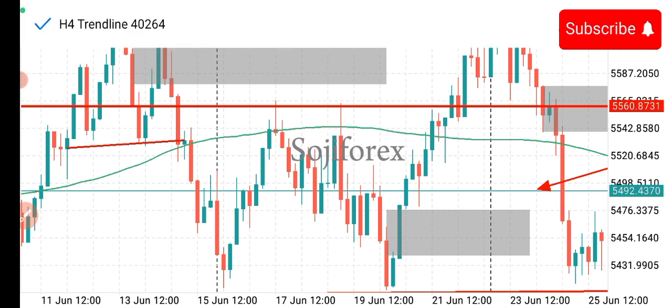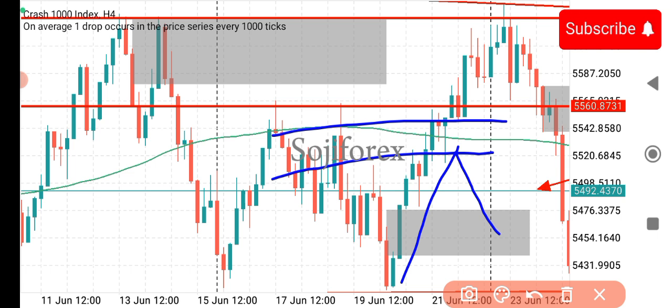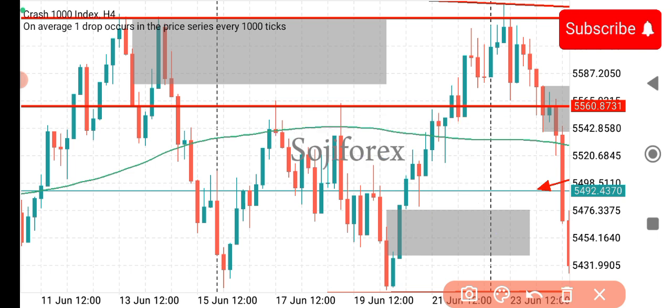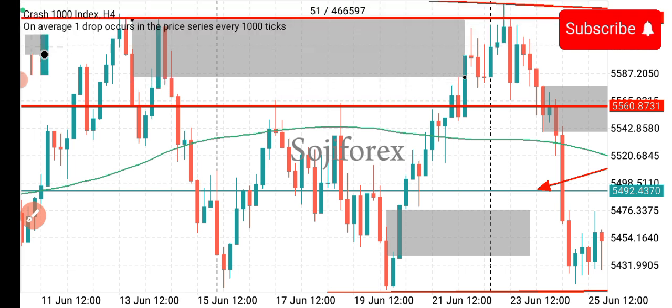But this zone cannot hold. This particular one here fails. Why? Because this is more like a double top. So there is a liquidity sitting here, and this liquidity was taken in order for price to mitigate this order block.